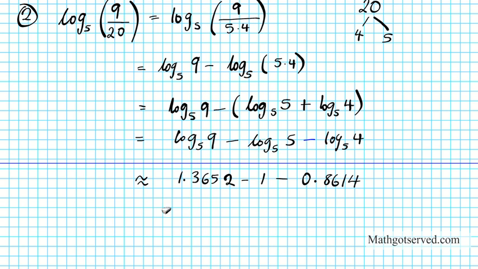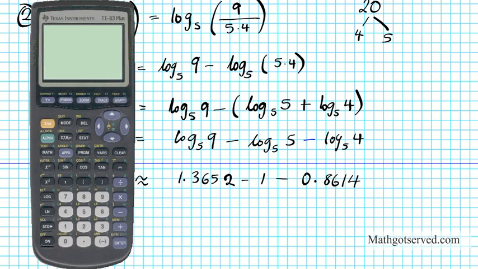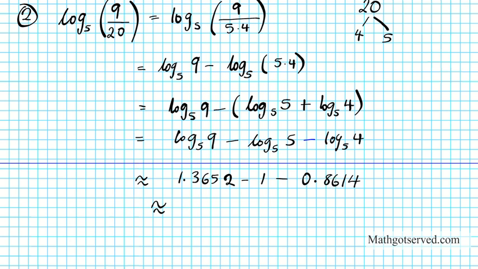We're just going to use our calculators to evaluate this combination of terms using the order of operations. So we're going to do 1.3652 minus 1 minus 0.8614, and the answer is approximately negative 0.4962. So there you have it.